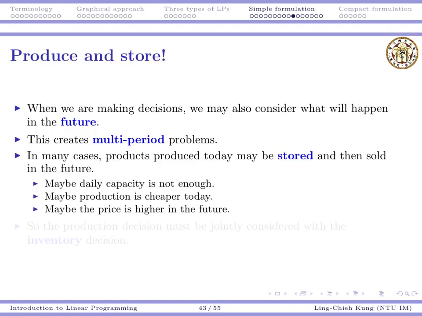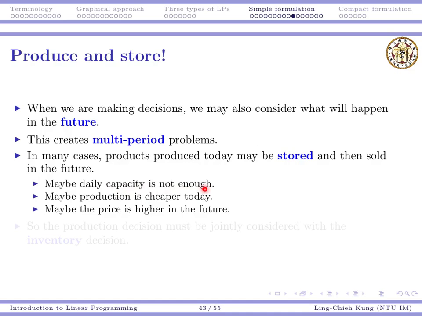In many cases, products produced today may be stored and sold in the future. And the reasons to do that may vary. For example, maybe the daily capacity is not enough. You expect that next week is Valentine's Day, so today you need to produce a lot because you cannot produce everything on Valentine's Day to fulfill all the demands there.